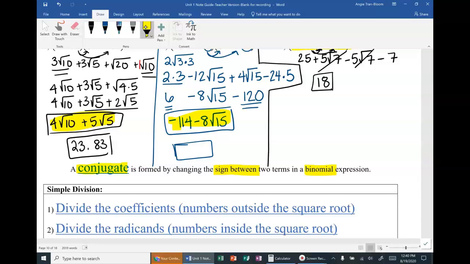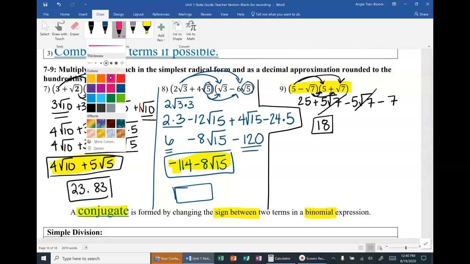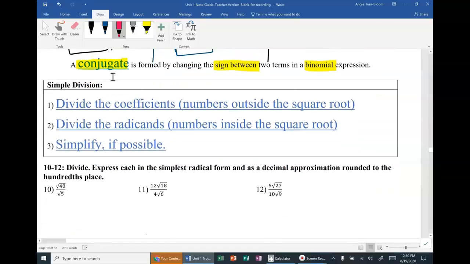So in a conjugate, the middle right here will always disappear. So guess what? You don't have to multiply the middle. You just need to multiply the first two and the last two. Yep. And then combine like terms and you should have your answer. Now, if you don't remember that, don't worry, just FOIL that out and you should get your answer.